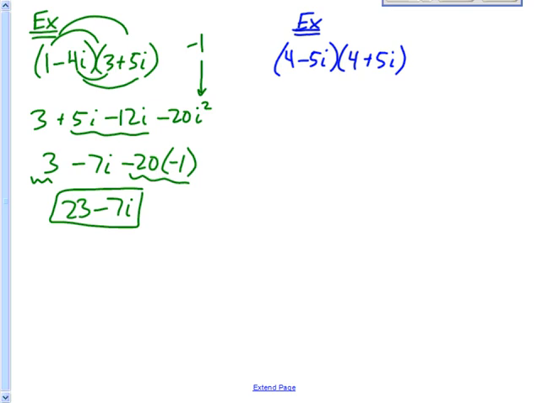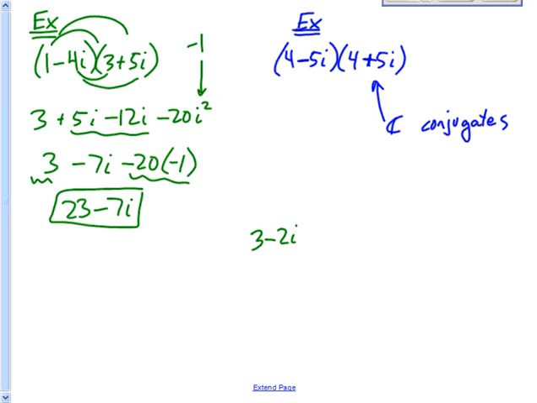Okay. Over here, you got 4 minus 5i. Now you notice the only difference between these two is this one's a minus, whereas this one's a plus. These are called complex conjugates. The only difference between the two is the sign in the middle. So like if somebody asked you, what's the complex conjugate of 3 minus 2i?